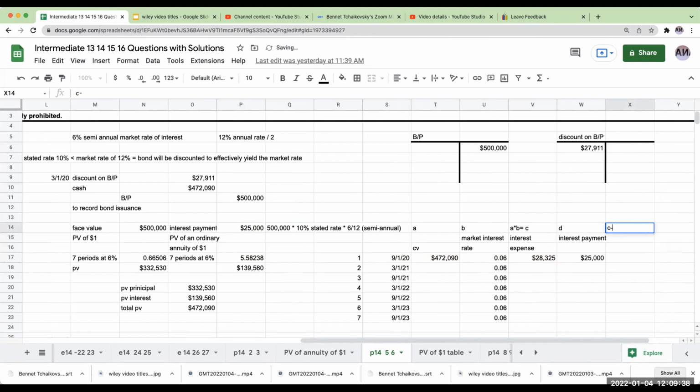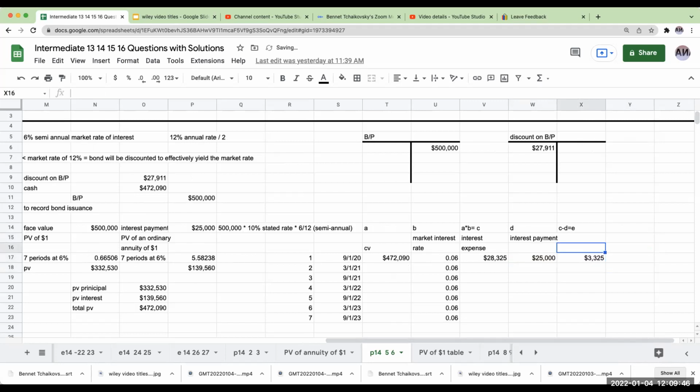So the difference between the interest expense and the interest payment is going to be $3,325, which is going to be my discount amortization. Okay, so when I take A, I'm going to add this to my discount amortization.